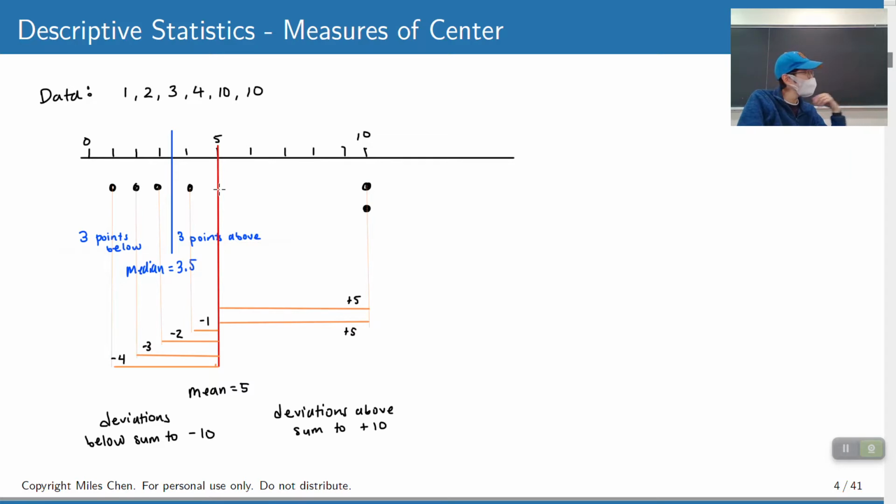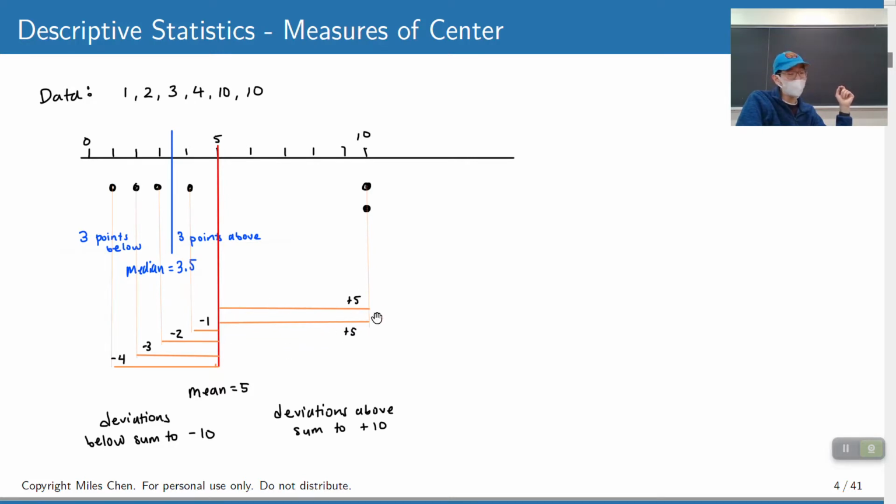Looking at the deviations below the mean: 4 is 1 below 5, 3 is 2 below 5, 2 is 3 below 5, and 1 is 4 below 5. So the deviations on the left are 1, 2, 3, and 4. On the right, we have the values 10 and 10, each with a deviation of 5 above the mean.